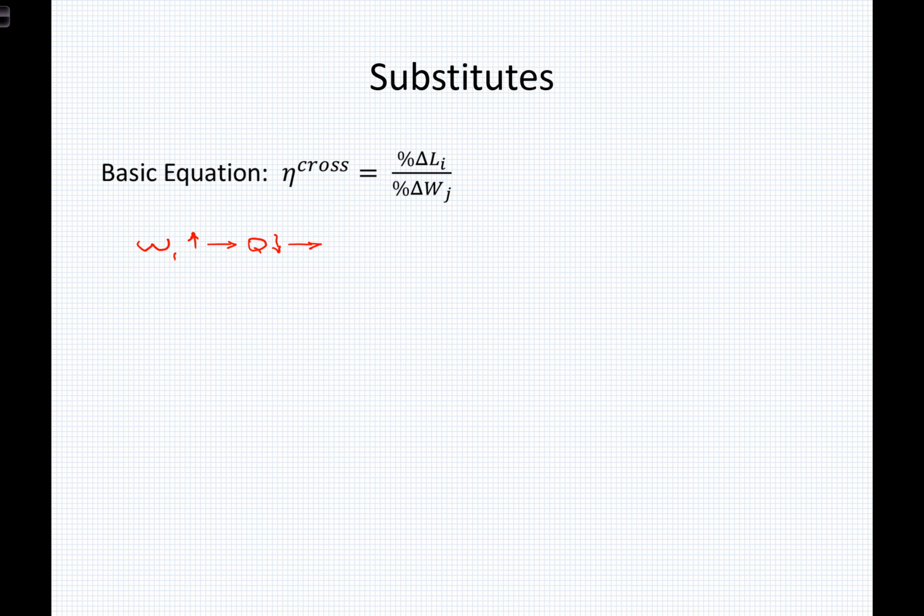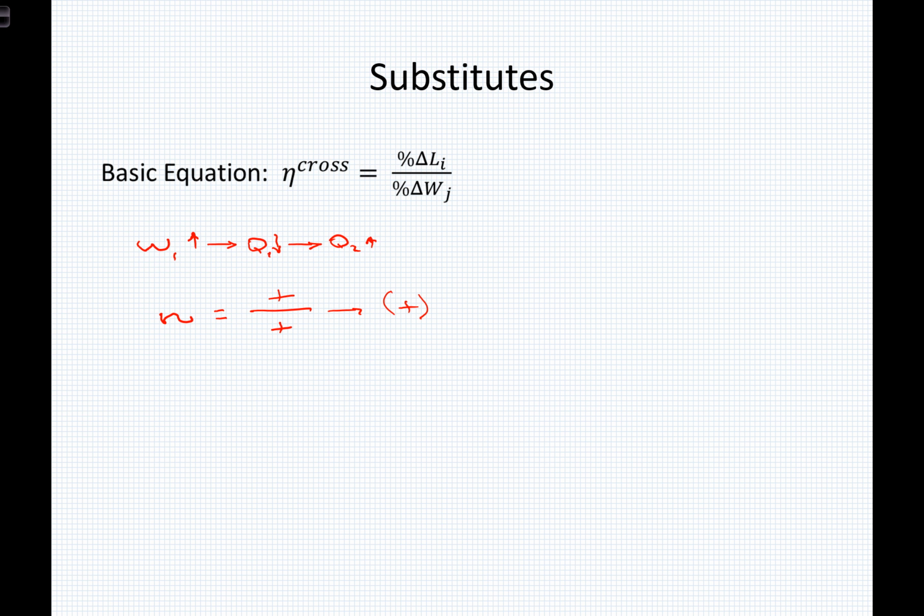But if these workers are truly substitutable, and assuming the demand for the job to be done doesn't change, if the quantity of worker one fell, then that would suggest the quantity of worker two would rise. This is some cross-wage elasticity, since these are different workers. We know that the change in wage, which was positive, is going to also yield some positive change in quantity, such that we end up with a positive value.